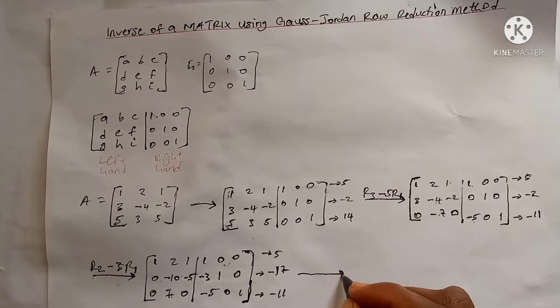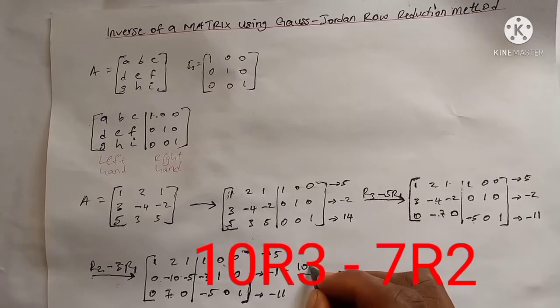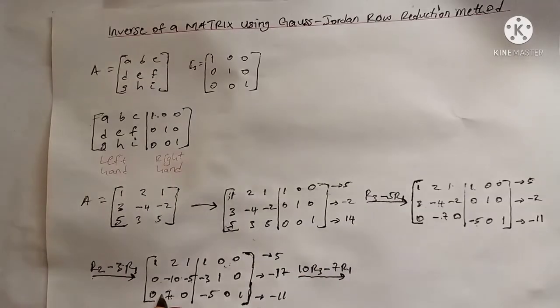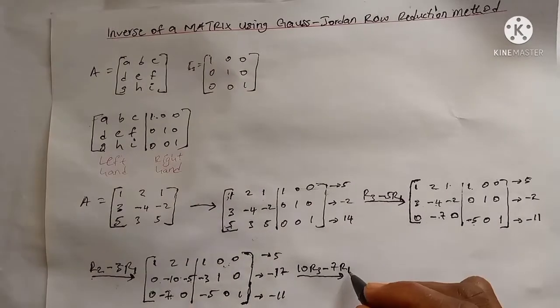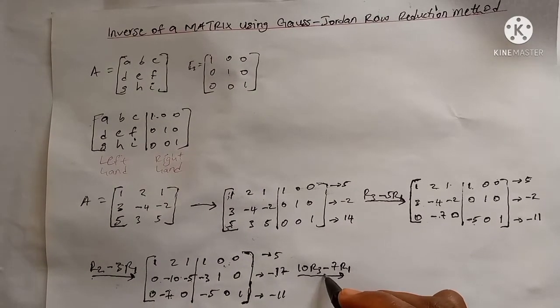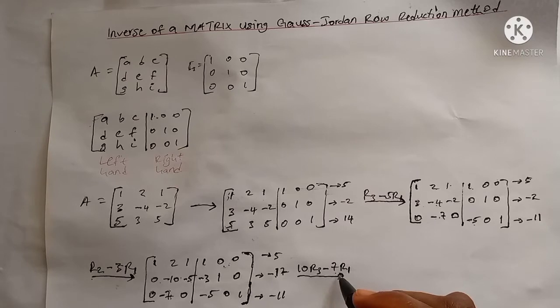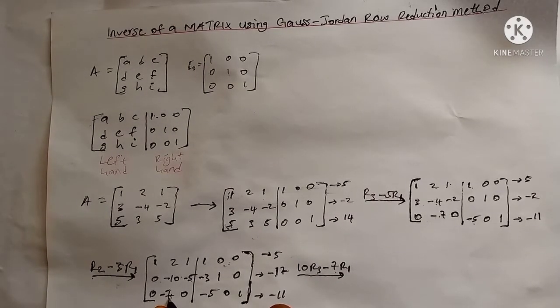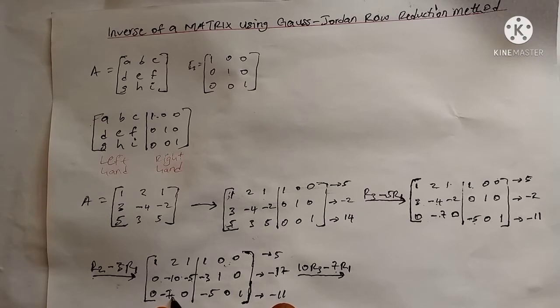Now, that row operation is we're going to do 10r3 minus 7r1. This is minus 7. We are going to do 10r3 minus 7r1. Minus 7 because r3 is minus 7. 10 times minus 7 is minus 70.